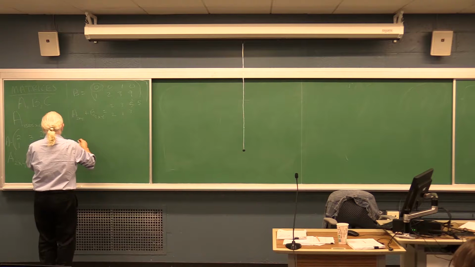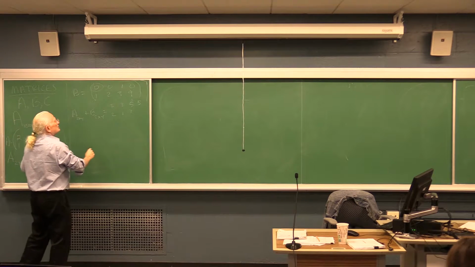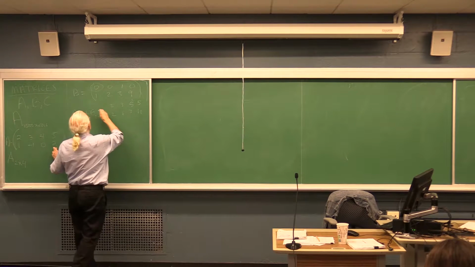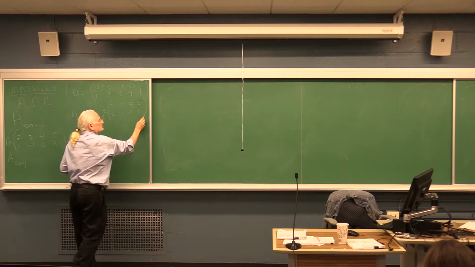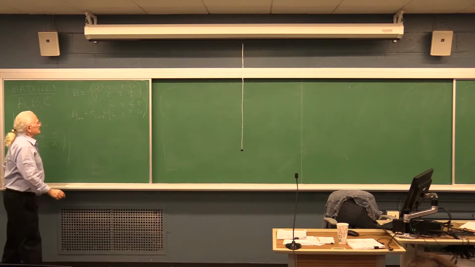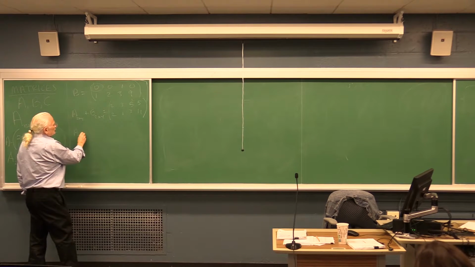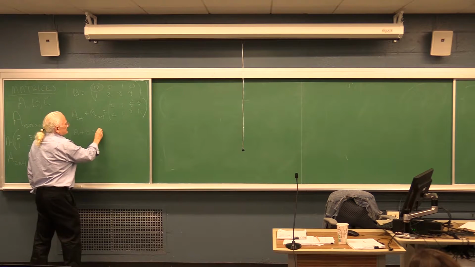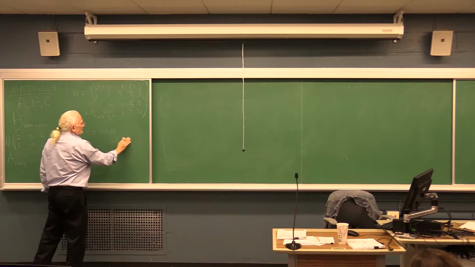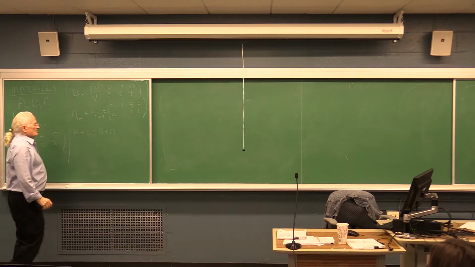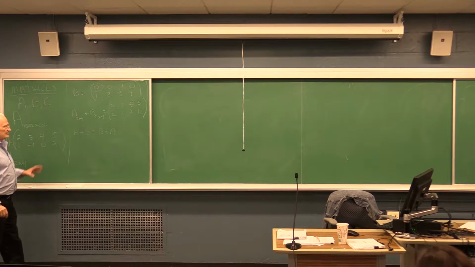Let's make that 2. 2 plus 9, 11. Right? Not difficult, right? That's the addition. Now, A plus B is the same as B plus A. So addition is commutative.